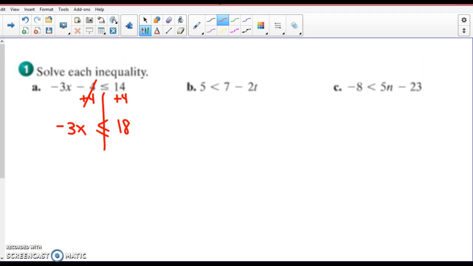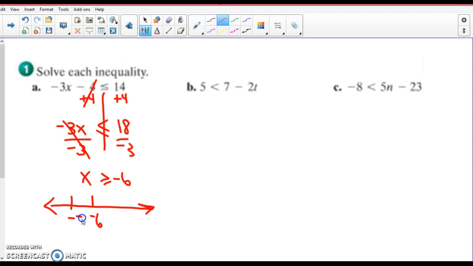Now what do I do? Divide both sides by negative 3. X is, now we divided by a negative, so I need to switch my inequality. Greater than or equal to negative 6. At this point, in this particular problem, I am good to go because the variable's on the left. So I'm going to draw a graph.